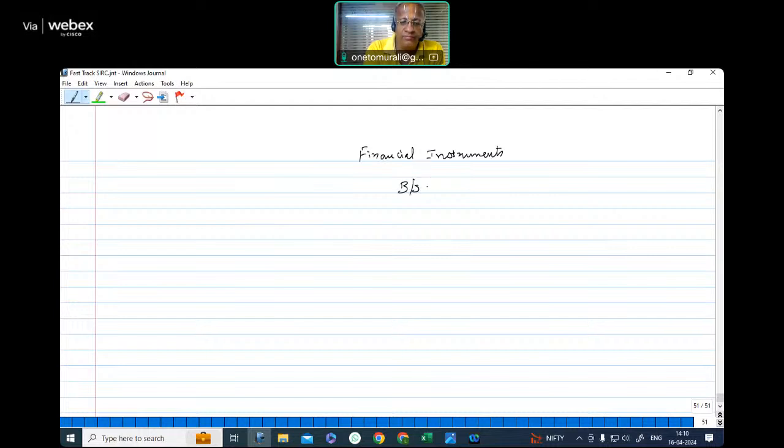So balance sheet items are classified in accordance with Ind AS 21 as monetary and non-monetary.